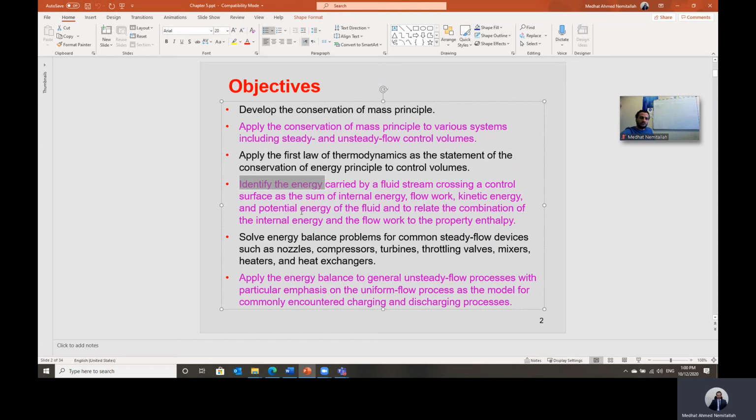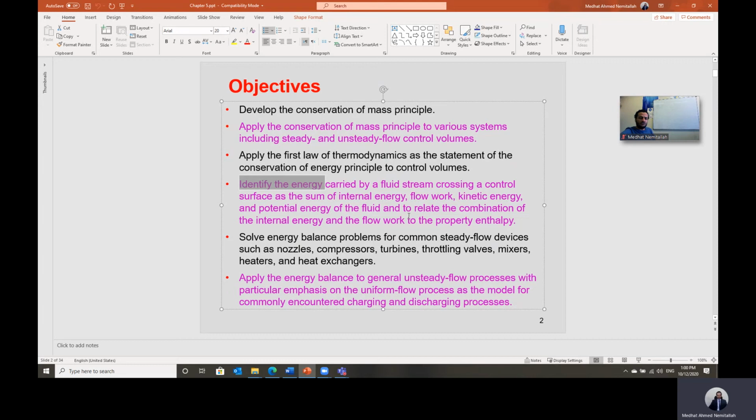So the total energy transfer by mass equals the internal energy plus the mechanical energy, which is kinetic energy plus potential energy plus the flow energy, PV. PV plus the internal energy gives the enthalpy.